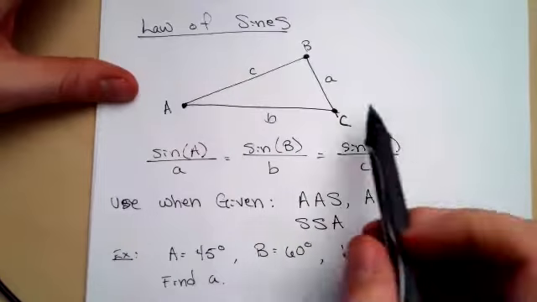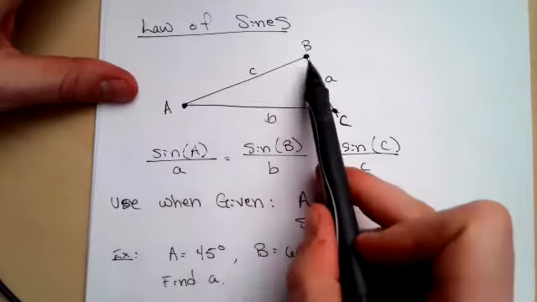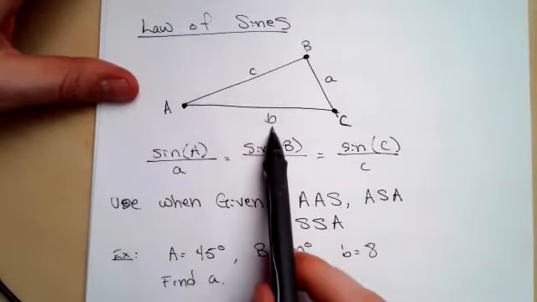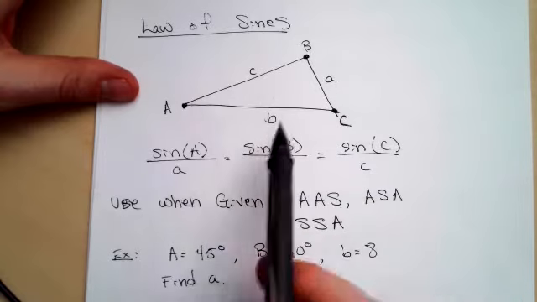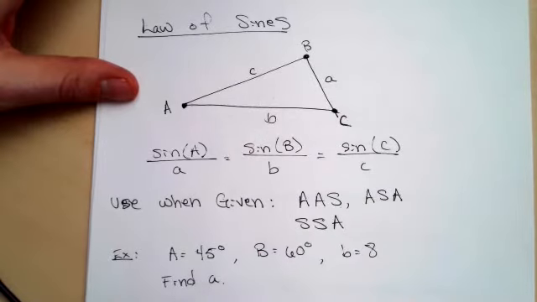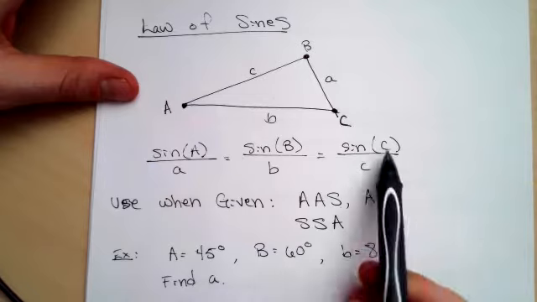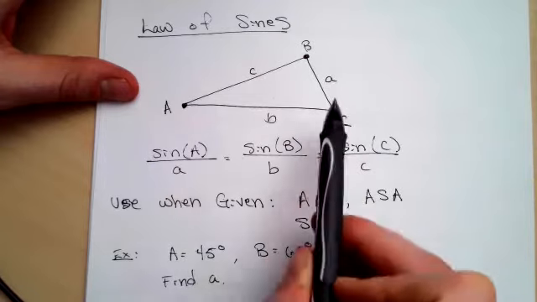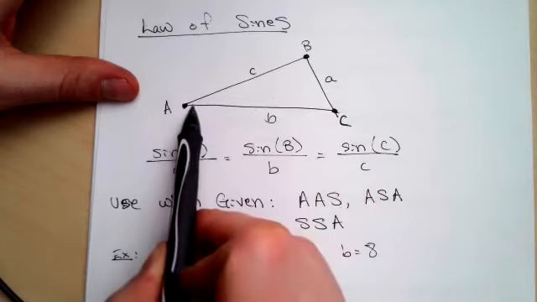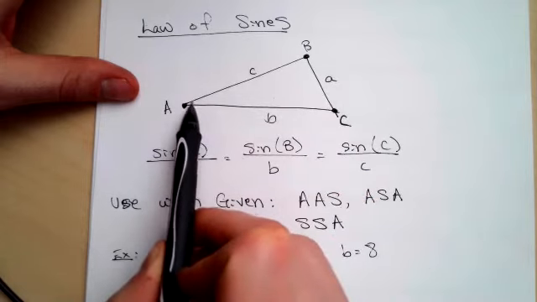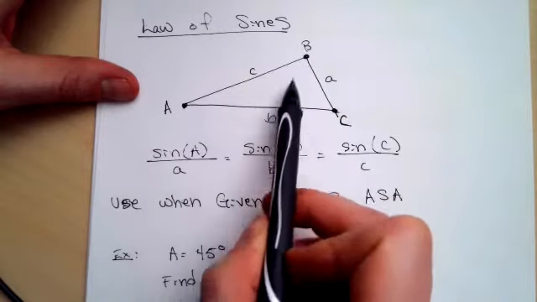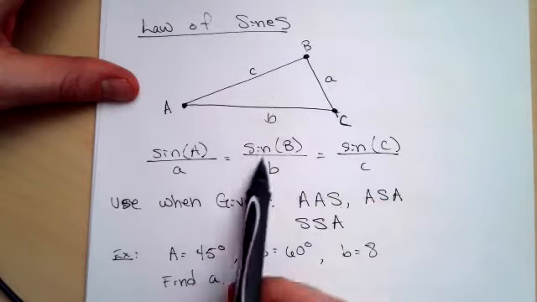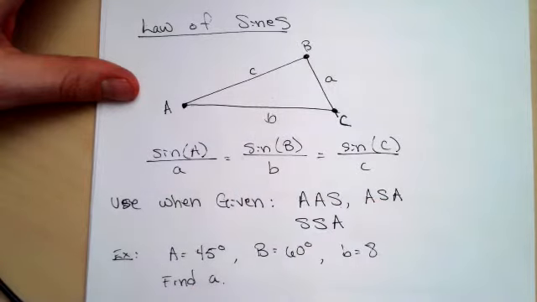I am given angle A, angle B, and then side B. I can find the third angle if I want to. However, what side are we interested in finding? We're finding side A, which is opposite that angle. So I'm given this one and this one, and it'll fit nicely with the law of sines to find side length A.